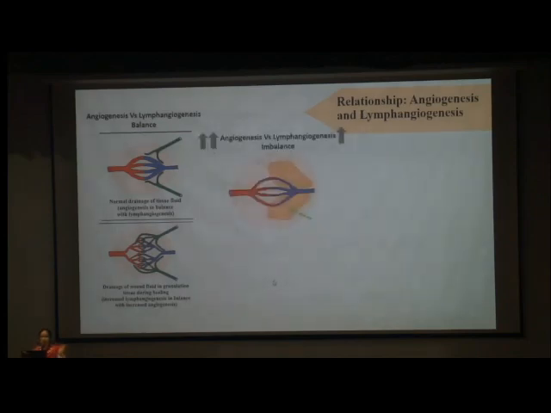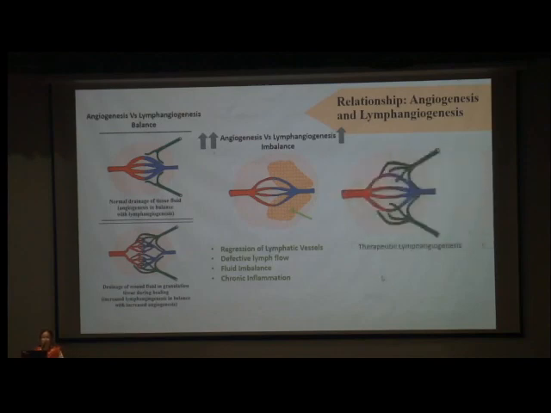What happens when this balance is disturbed? So this is an imbalanced situation. You have more angiogenesis, but it is not accompanied by lymphangiogenesis. So it is this imbalance which leads to regression of lymphatic vessels, a defective lymph flow, thus leading to all complications. And it is here that we propose therapeutic lymphangiogenesis.